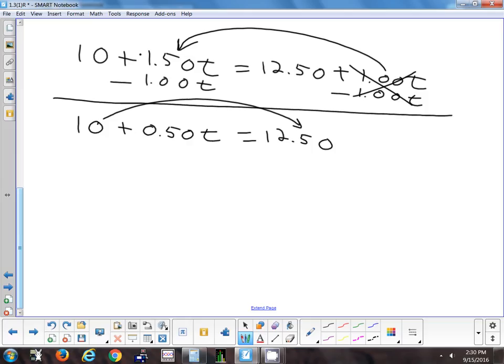And how did you say to do it? Good. You're going to subtract 10. Subtract 10. 10 take away 10, that's gone. Not doing anything with the 0.50t. That's just going to stay right where it is. Just bring it down. But how about, can we do that without a calculator? What's 1250 take away 10? Kyle? 250.